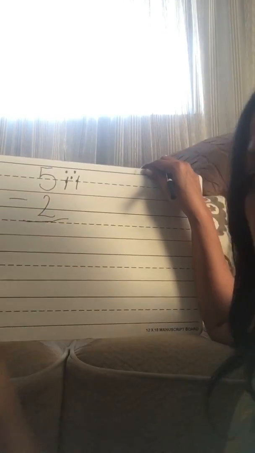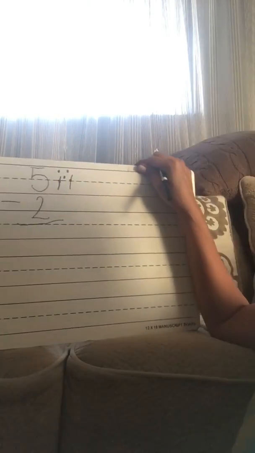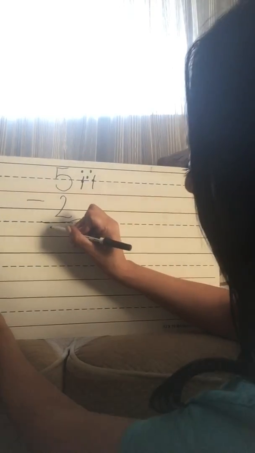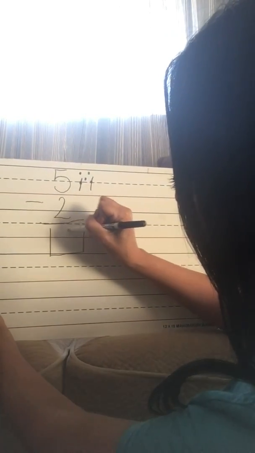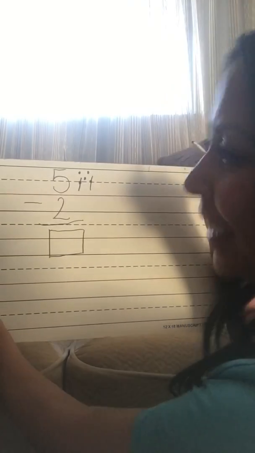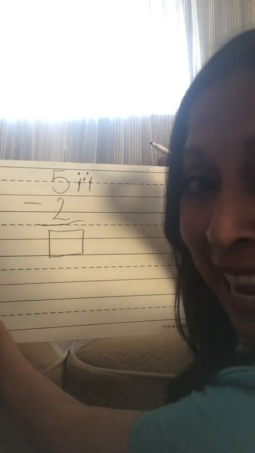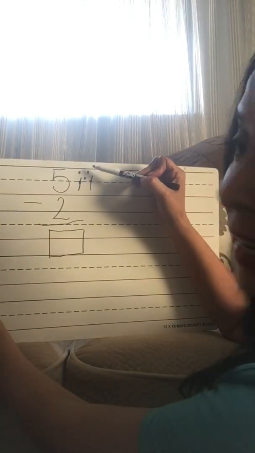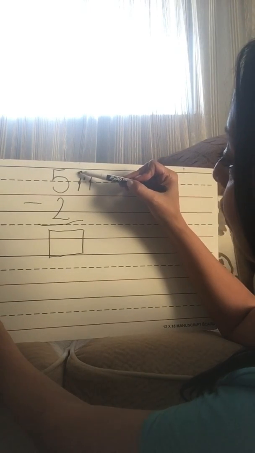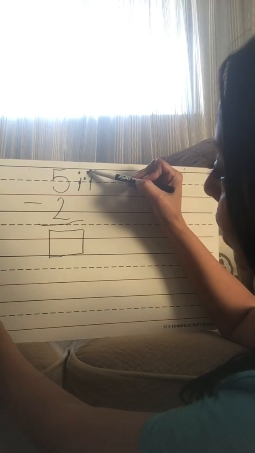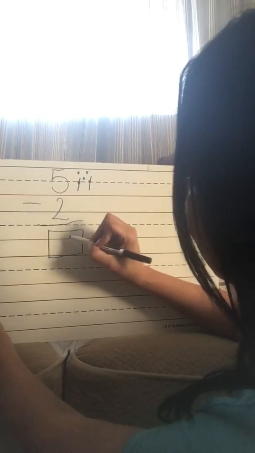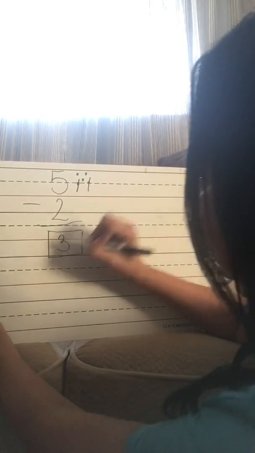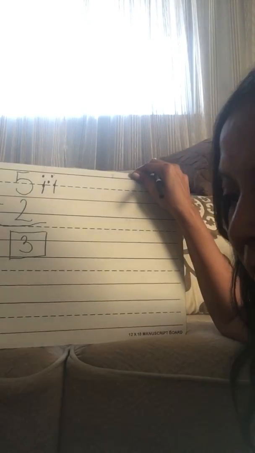And to come up with my answer, which is called a difference, usually it looks like that in a box. So all I have to do is count how many dots I have left over that I did not cross out. So I have 1, 2, 3, and that's my answer right here. 3. Okay, let's do another one.